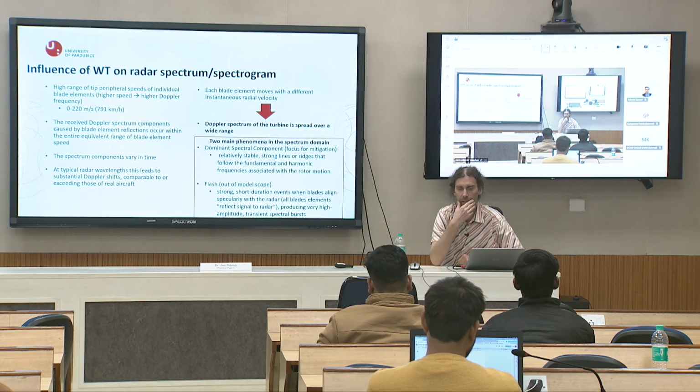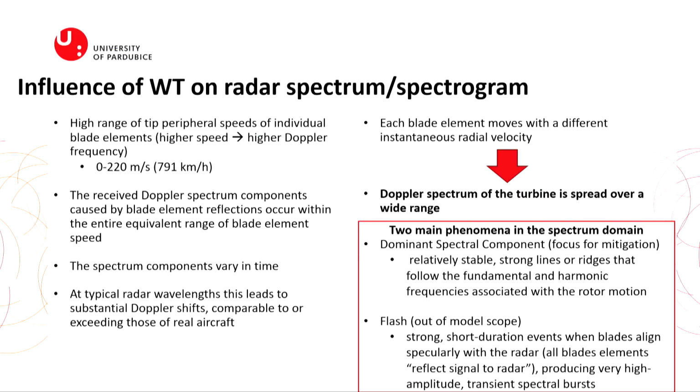So we discovered that there are 2 main phenomena in the spectrum domain. First is the dominant spectral component, the end of the blade tips, and it is our primary focus for mitigation, because you can't predict the whole spectrum of each element. It is not possible. So from this whole range of elements and all the range of Doppler frequencies caused by this movement, we just make a simplification.